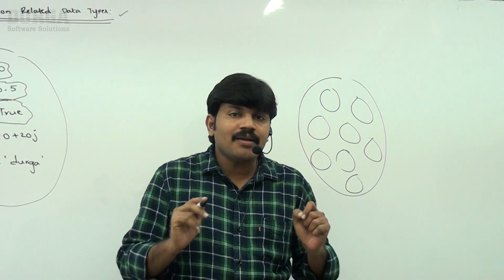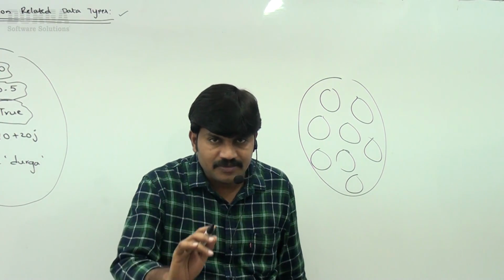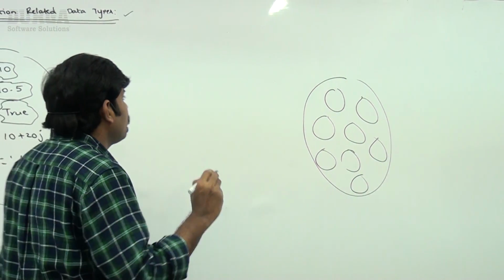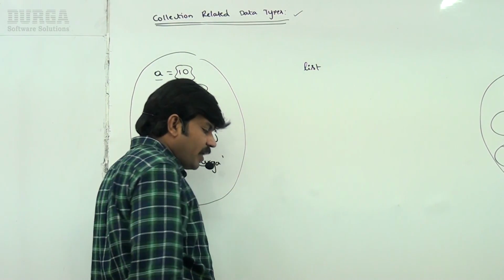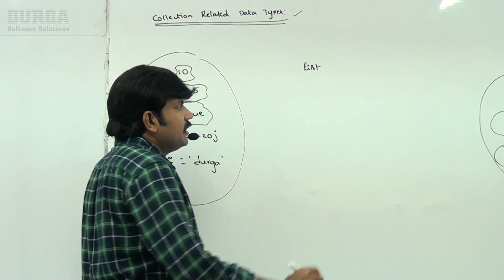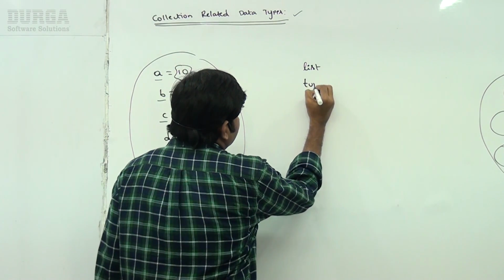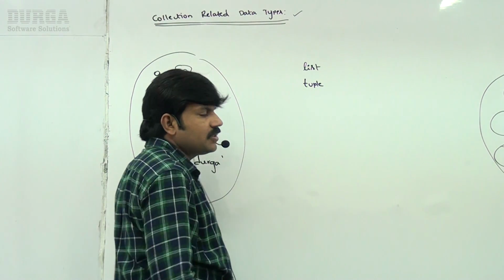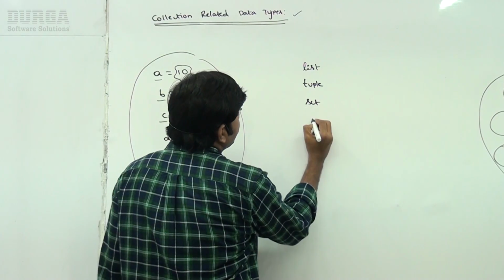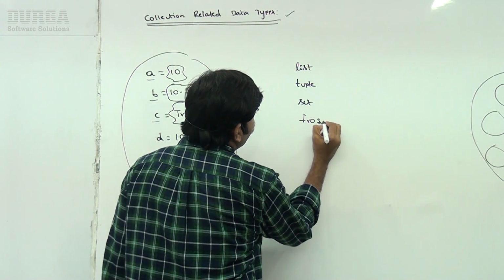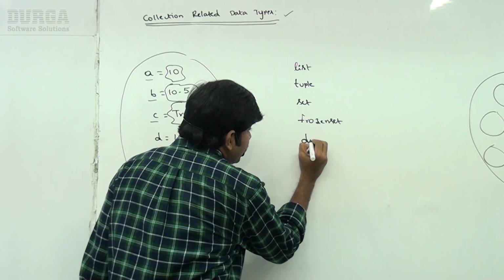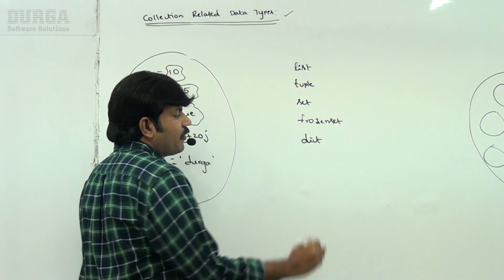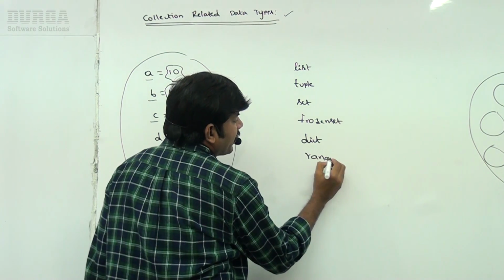Sir, what are the various collection related data types in Python? The best example, the list concept is available. Next, the tuple concept is available. List, tuple. Next, set. Next, frozenset. Next, dict, followed by range.